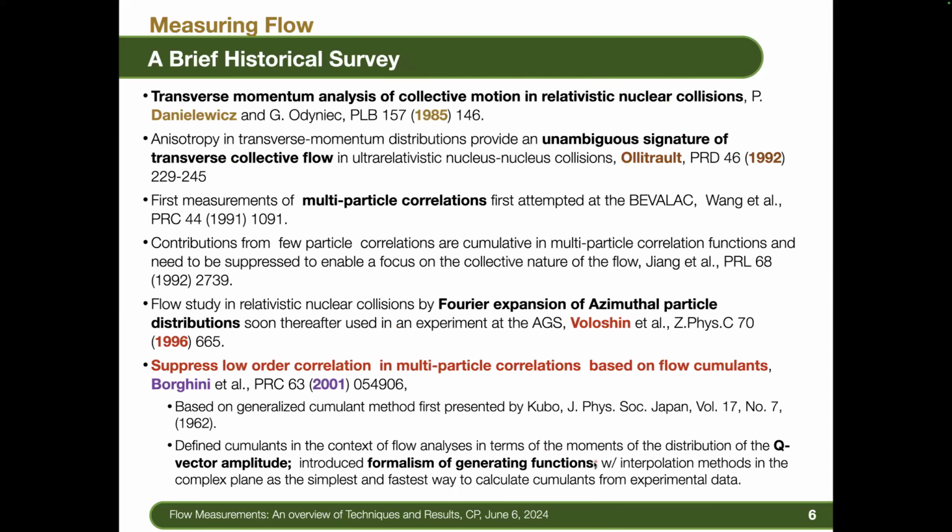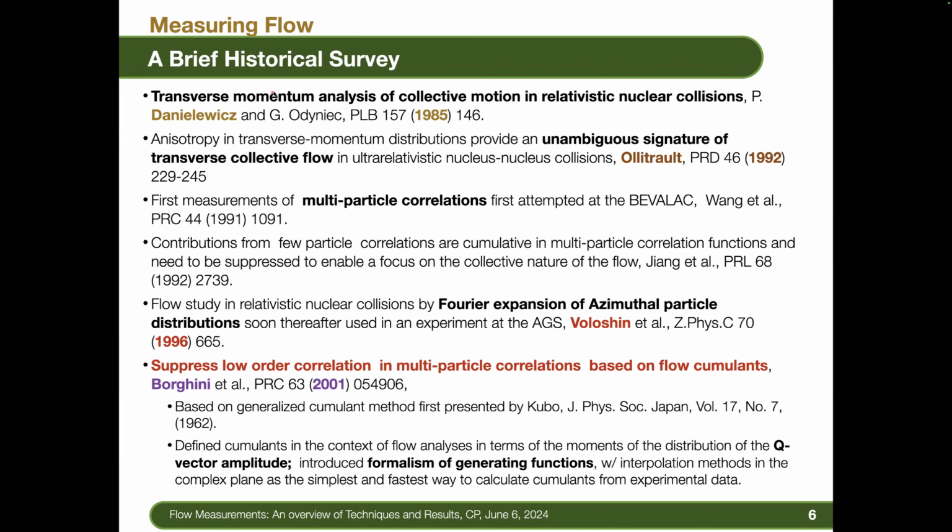Before I go into an actual discussion of the techniques, I should point out that there was a lot of work done to first establish the existence of flow, and then to develop techniques to measure flow quantitatively, do this better, and account for effects that were not so interesting.